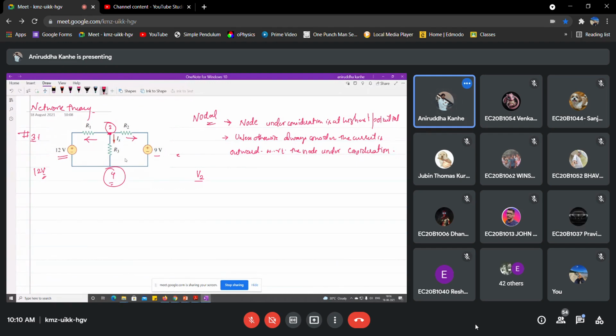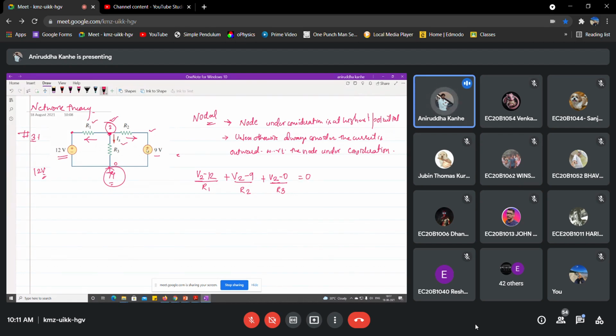Now, one can write the current flowing in this R1 branch as (V2 minus 12) divided by R1, plus (V2 minus 9) divided by R2, plus (V2 minus 0) divided by R3, because this is your ground node, is 0.